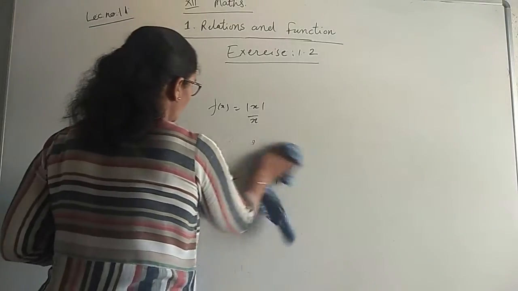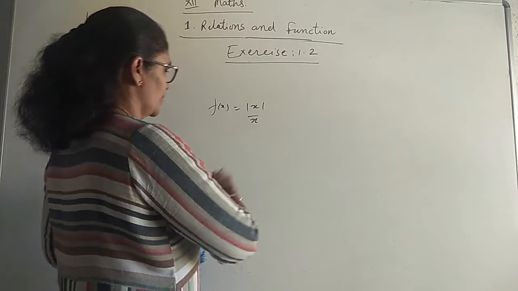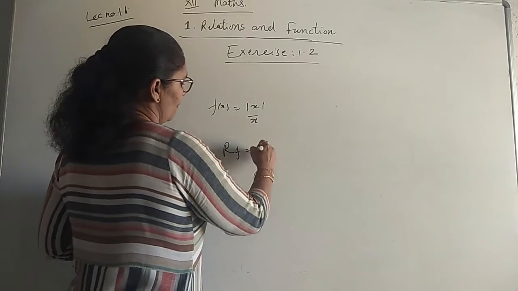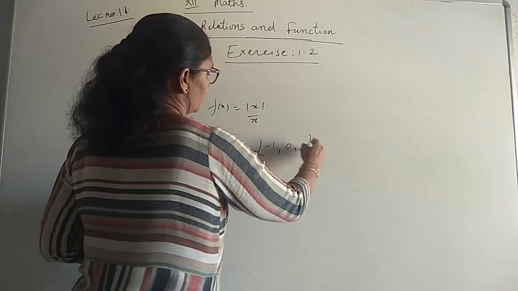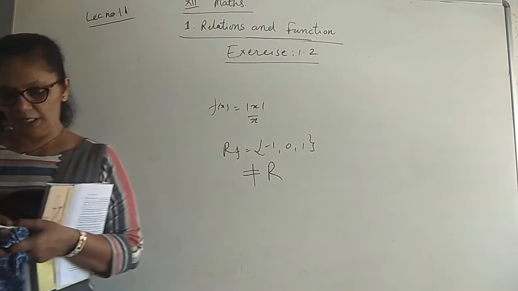And when you check range and codomain, your range has only 3 values. What is the range? Minus 1, 0 and 1, which is not equal to R. R means the set of real numbers.